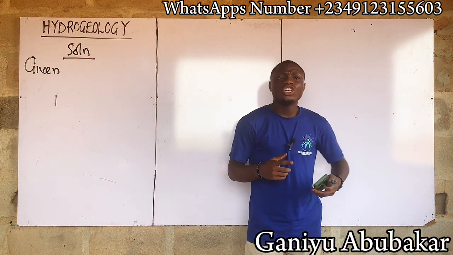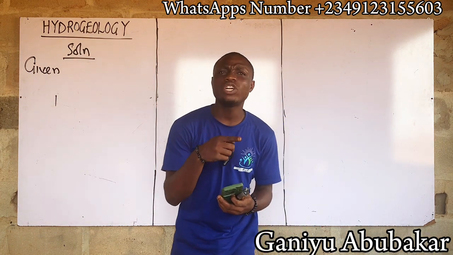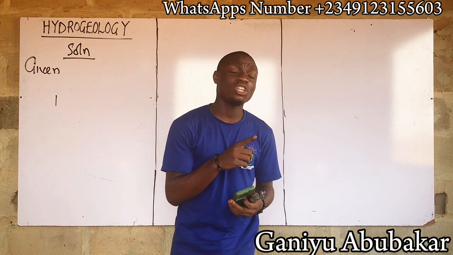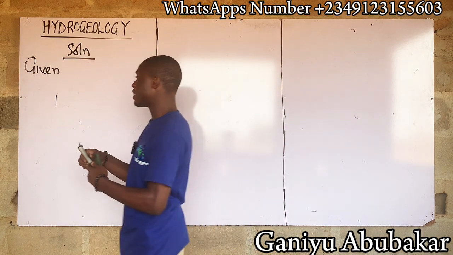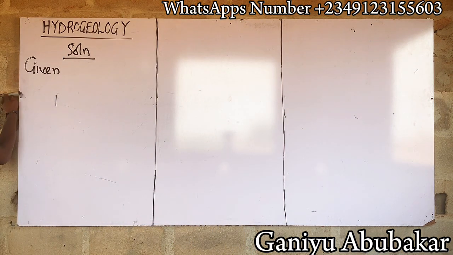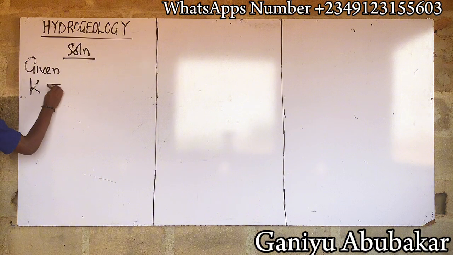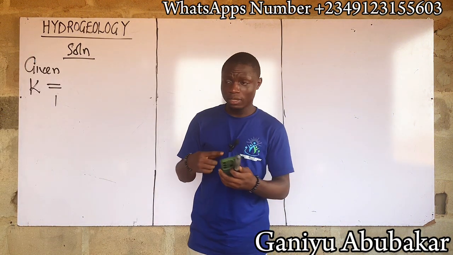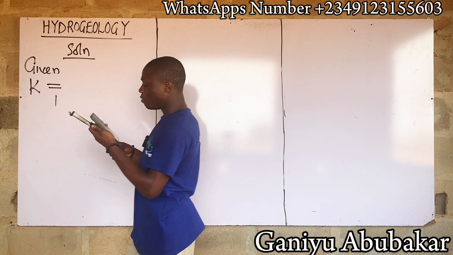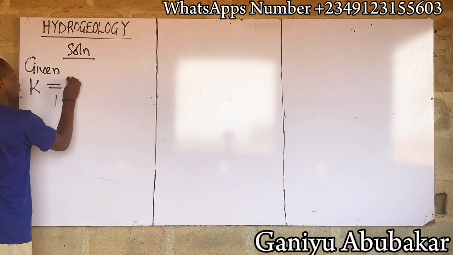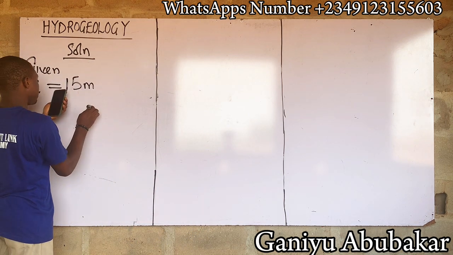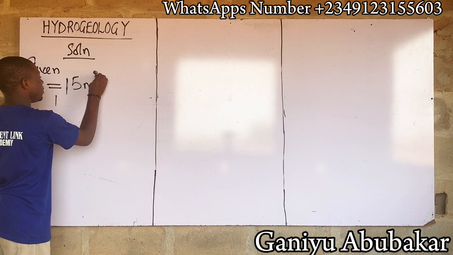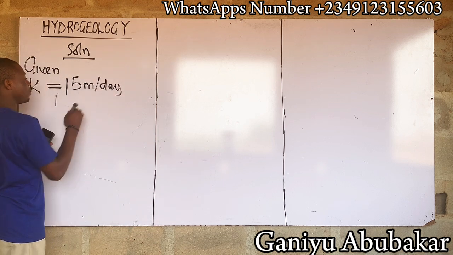By the way, note that there's what we call hydraulic conductivity, and hydraulic conductivity is abbreviated as K. So I have K as 50 meter per day.